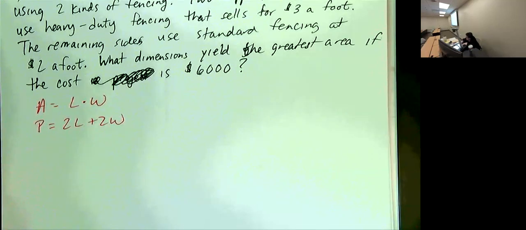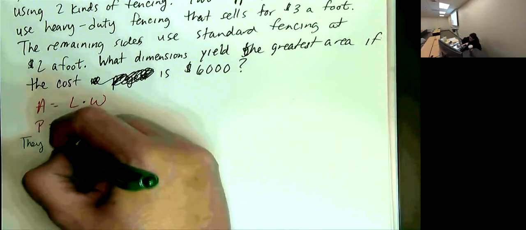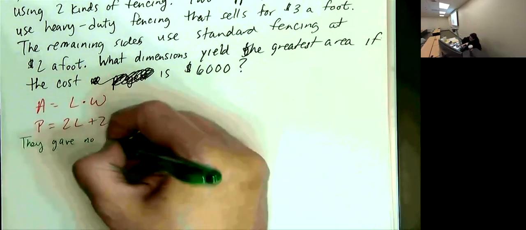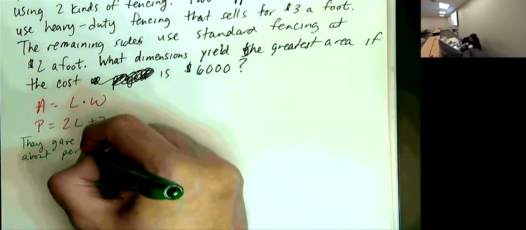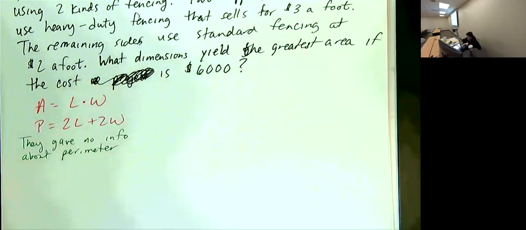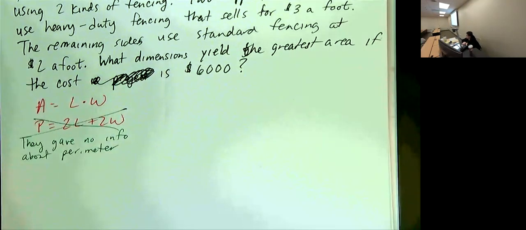And that threw me off for a long time because they gave no information about the perimeter. So we actually don't need that equation. It's not helpful. We have zero information regarding perimeter. They're not asking us to find the perimeter, so we don't need it.